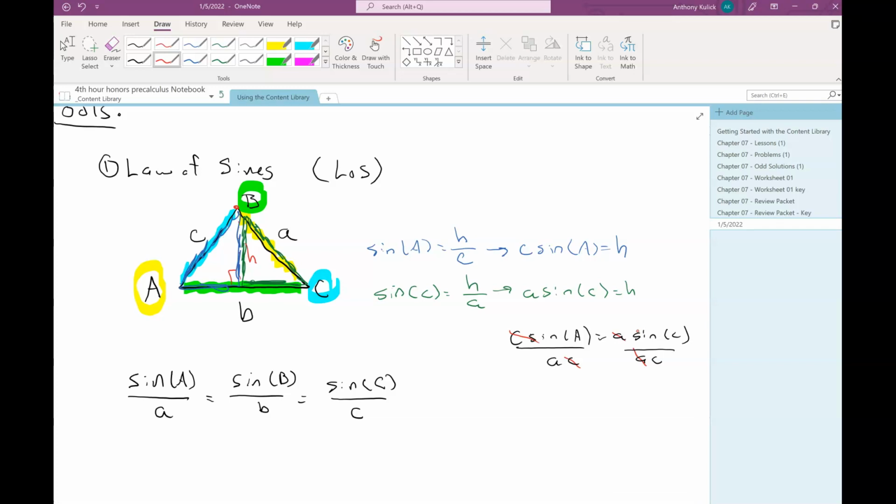To get the other part, I just draw a different perpendicular and repeat the same process to get another pair, and then I can use the transitive property to put it all together. I'm not going to do that other half because it's the exact same thing we just did. Again, you guys get the idea at that point.